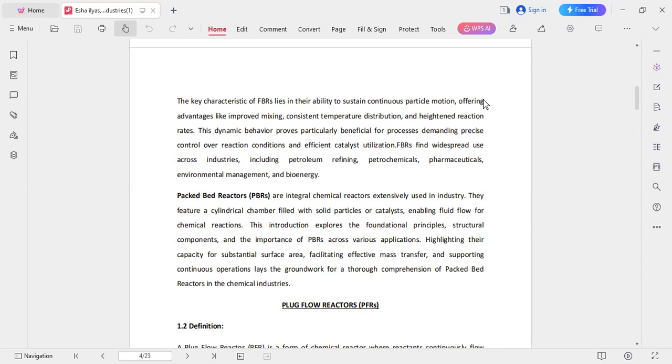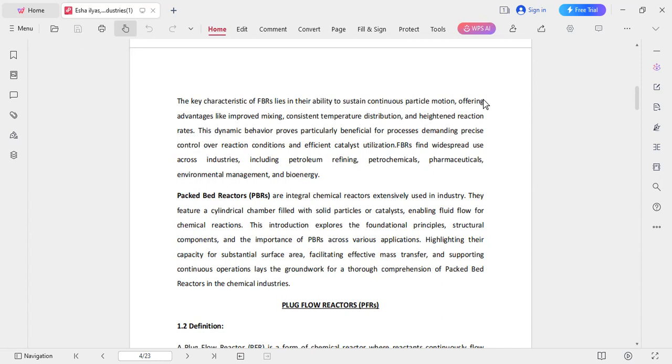And the third reactor is packed bed reactors. Packed bed reactors are integral chemical reactors extensively used in industry. They feature a cylindrical chamber filled with solid particles or catalysts, enabling fluid flow for chemical reactions.